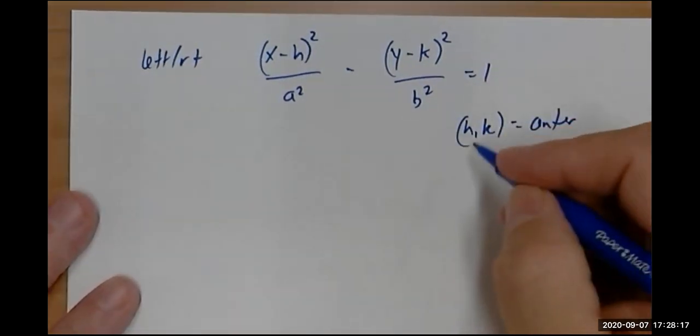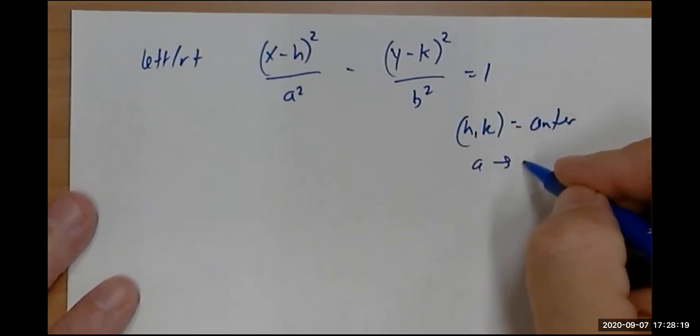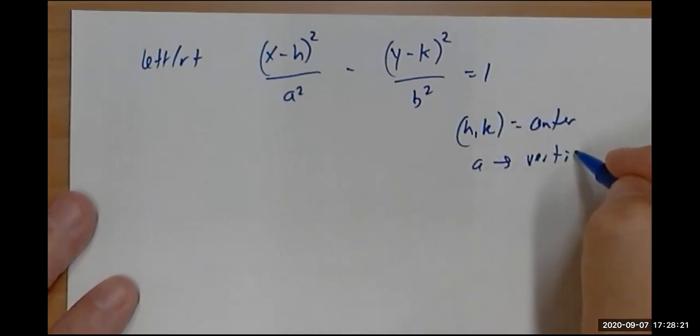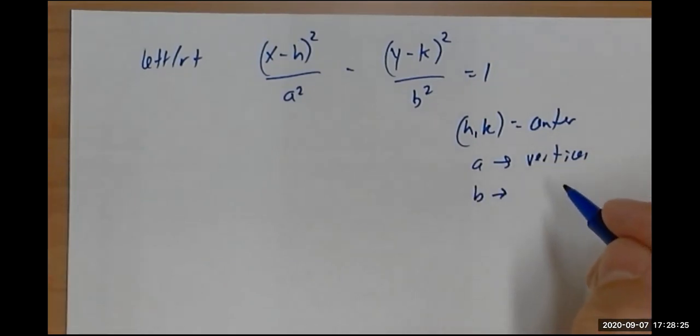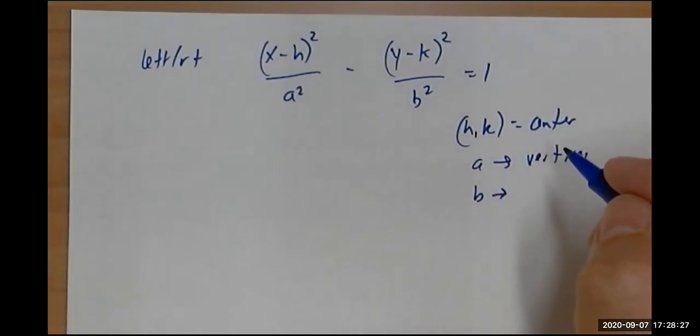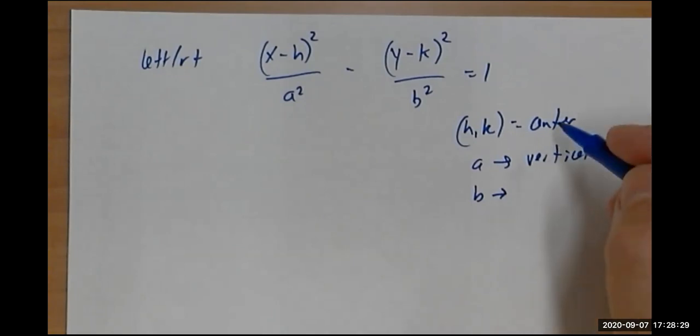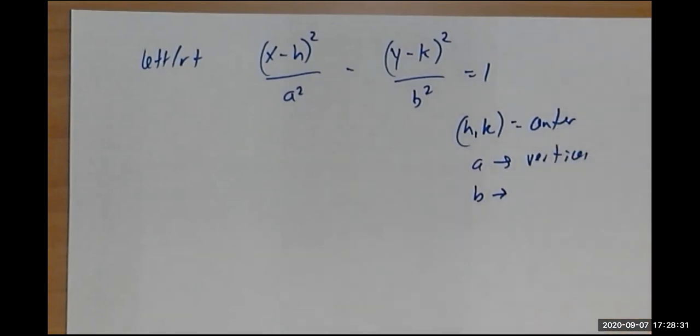And we know a and b; a has to do with the vertices, b is sort of the other side of the box. So we need to figure out three things, the center and a and b, and then we can have the equation. So let's go back and look now and see what information they've given us, see what we can figure out from the graph.